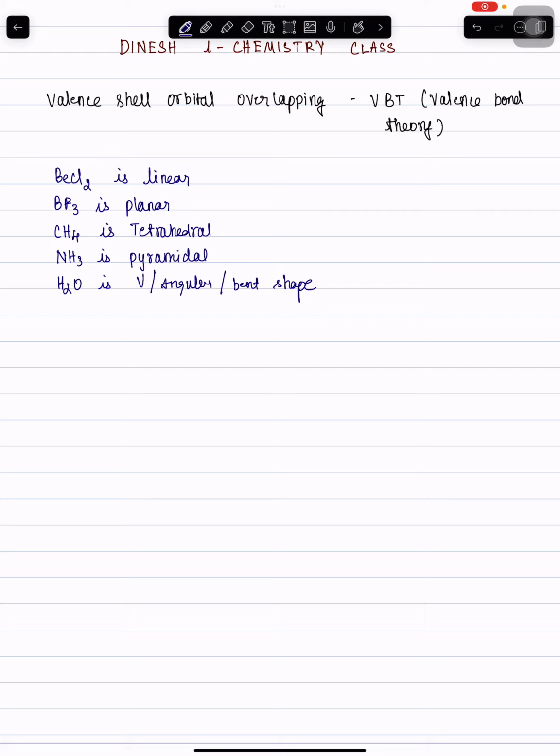So a new, hypothetical theoretical concept called hybridization was introduced. First of all, let's look at the definition of hybridization.